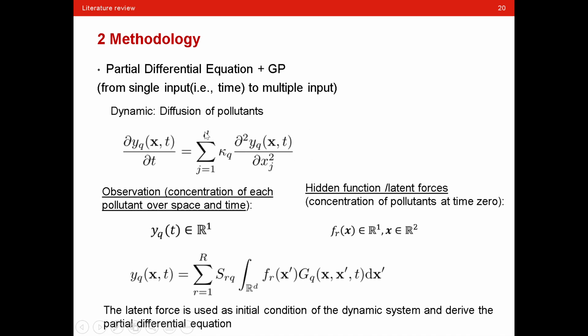Note that at this time the observation is the concentration of protons over space and time, but the latent force is the concentration of protons at time 0. But at this time, the latent force is not explicitly modeled in this dynamic process, but serves as the initial condition when we want to solve this equation.